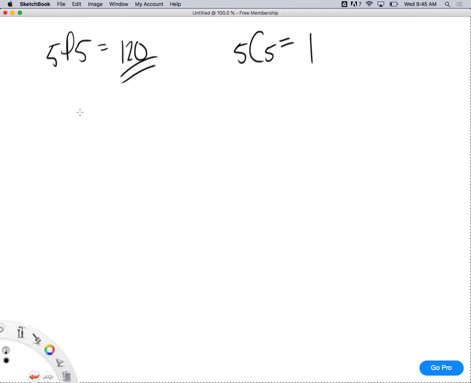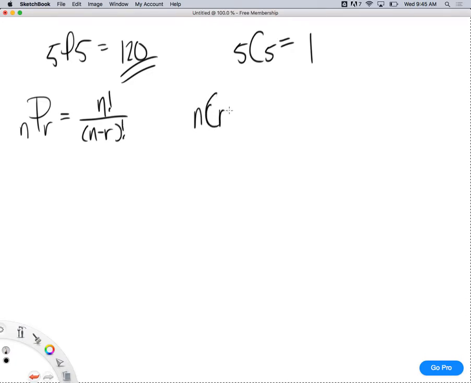It will help if I show you the different formulas. nPr is n factorial over n minus r factorial. nCr is the same thing, n factorial over n minus r factorial, but I divide it by something else.